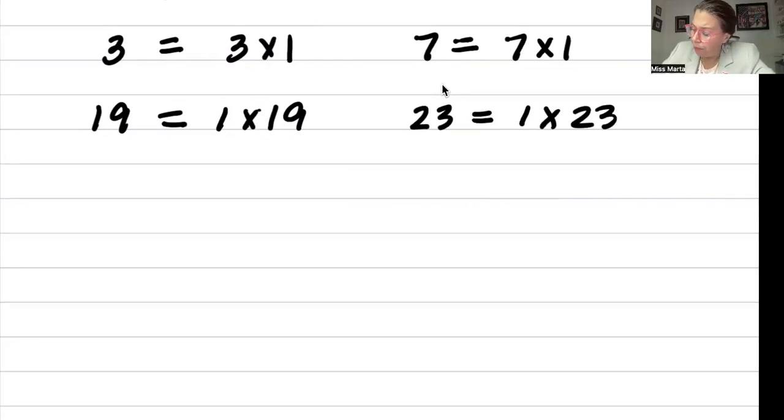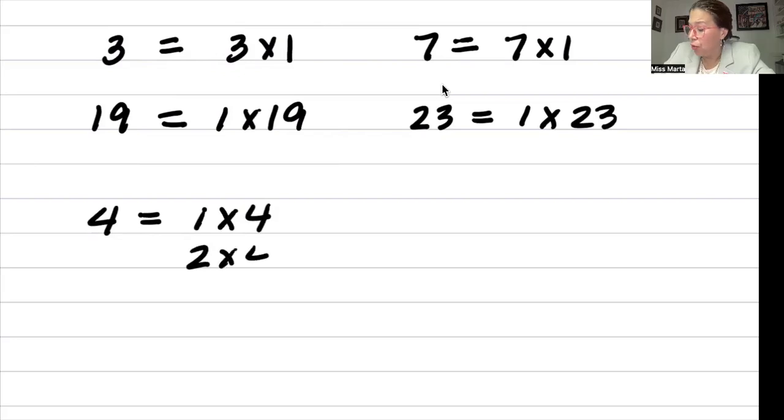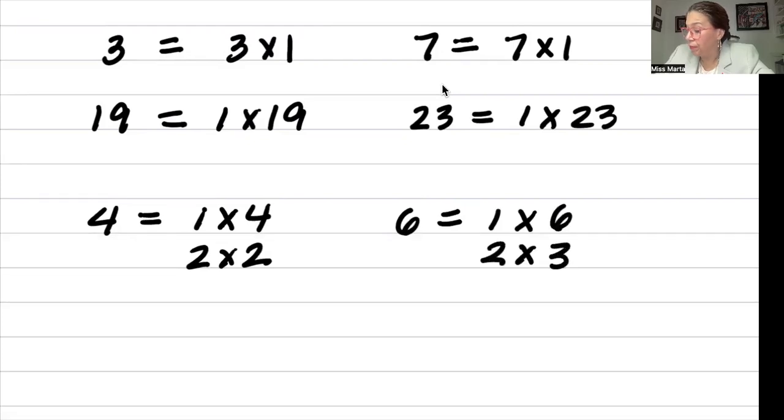Now, what about 4? Well, 4 definitely is 1 times 4, but it's also 2 times 2. Oh, that's not a 2, that's a 4. 2 times 2. For example, 6. 6 equals 1 times 6, but it also equals 2 times 3. These numbers are not prime numbers.